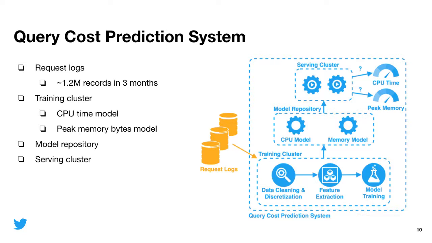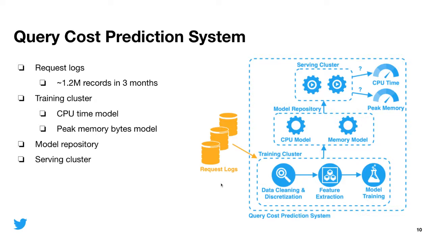And then we have a serving cluster. This serving cluster will provide online prediction service by fetching the CPU model and memory model from the model repository. And it provides real-time prediction for CPU time and peak memory.